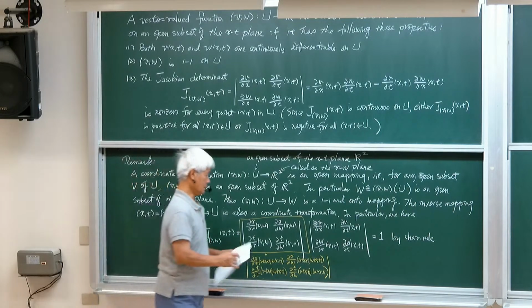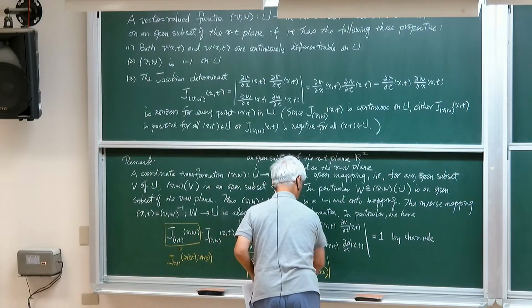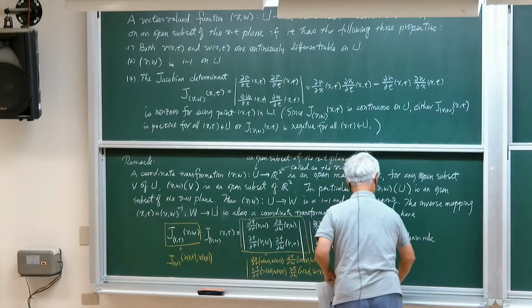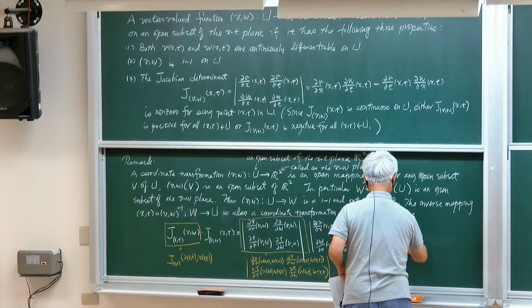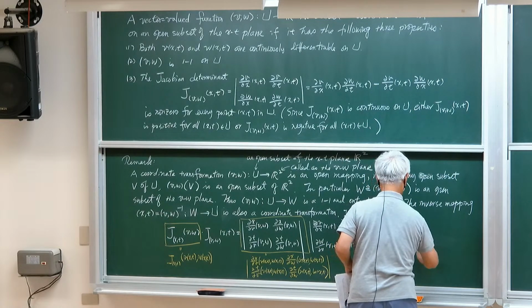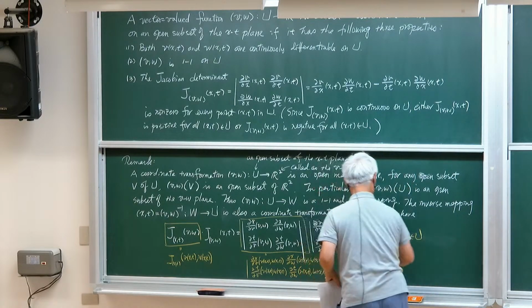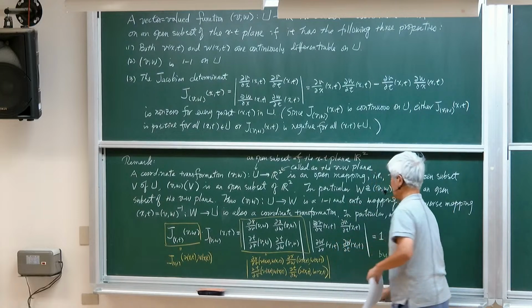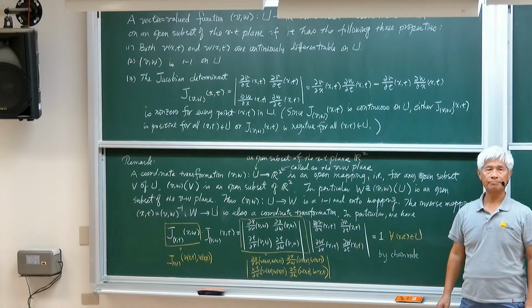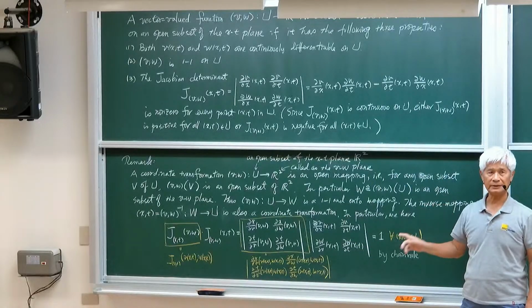So this is for, so now for all xt in U. Okay. And by the chain rule, the application gives us this one.